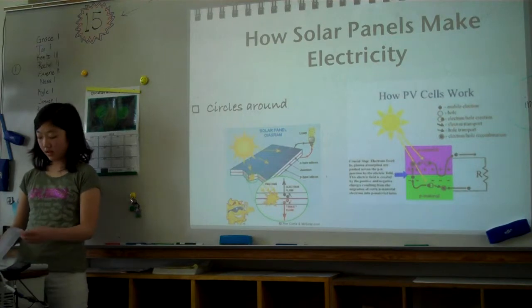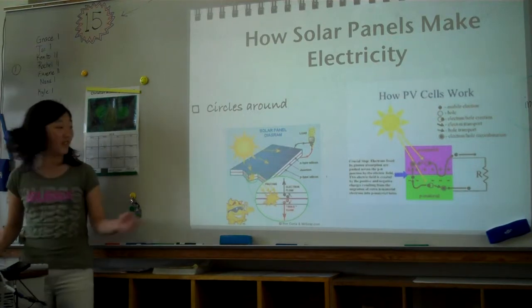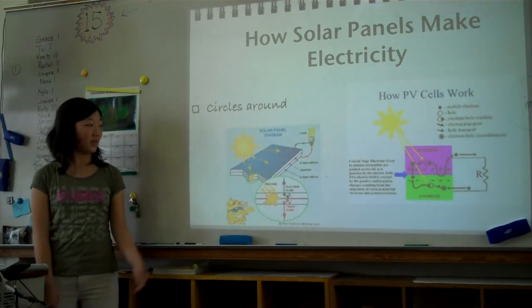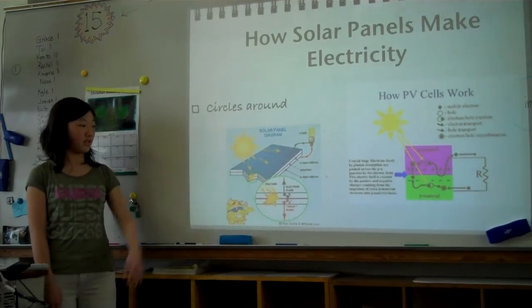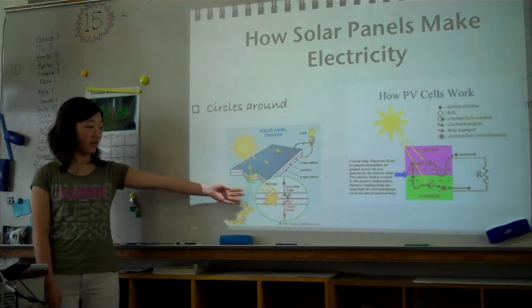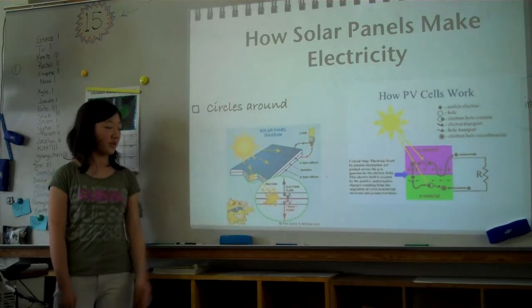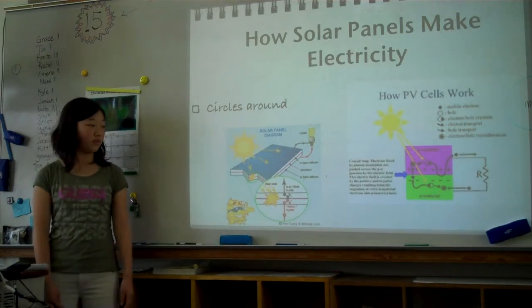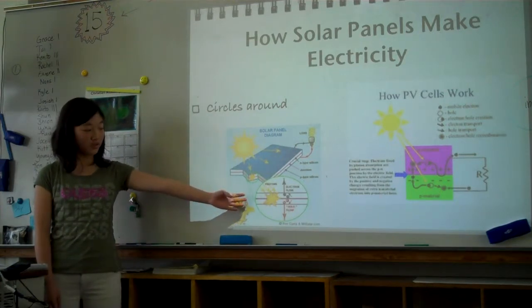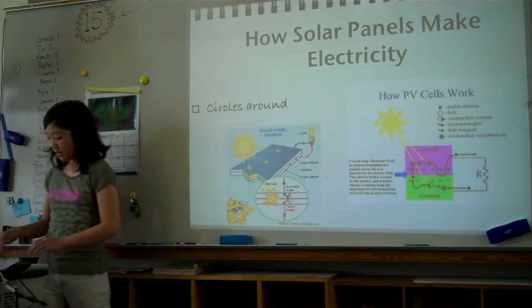The doped silicon. This is a diagram of the solar panel, and this is the sunlight shining on this panel, and this yellow spark is the sunlight, and the sunlight splits into two parts. This is the positive part and the negative.